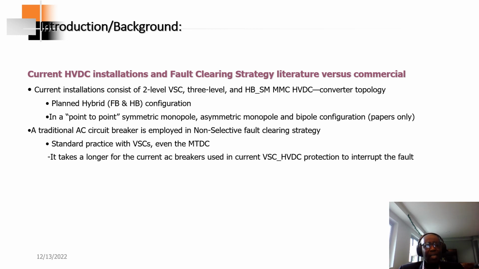The reason why the traditional AC circuit breaker is not ideal for multi-terminal DC configuration is because it takes longer for the AC breakers to interrupt the fault. It takes about 20 milliseconds to about 80 milliseconds for the AC side breaker of the MMC to interrupt the fault.